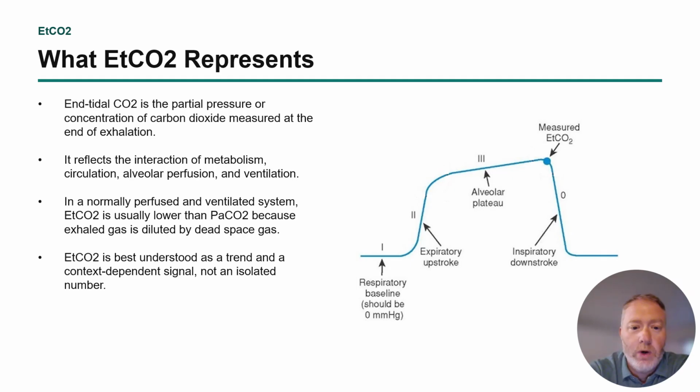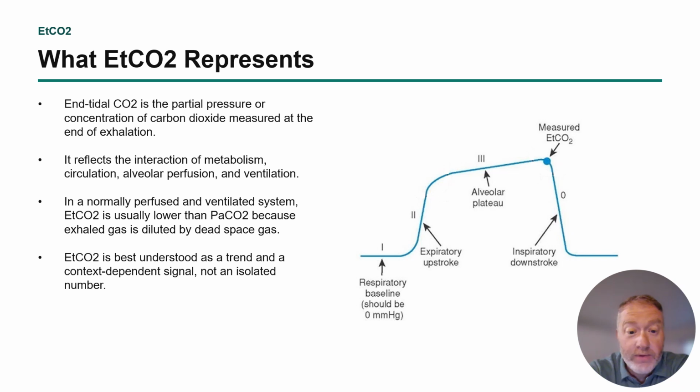But so what is end tidal CO2? So end tidal CO2 is the partial pressure or the concentration of carbon dioxide measured at the end of exhalation. End tidal, end of tidal volume, end of exhalation. It reflects the interaction of metabolism, circulation, alveolar perfusion, and ventilation all in one.